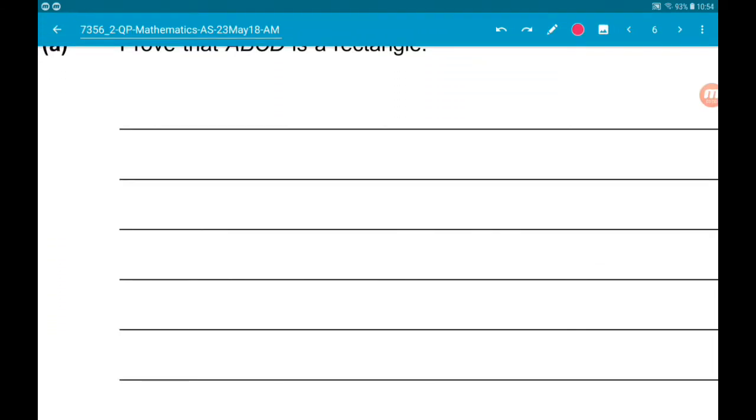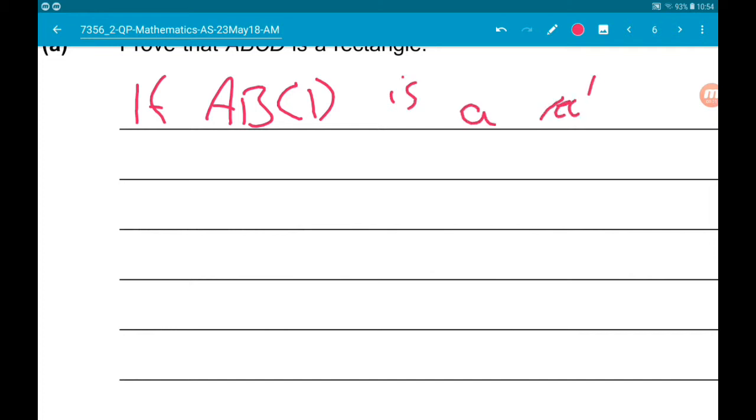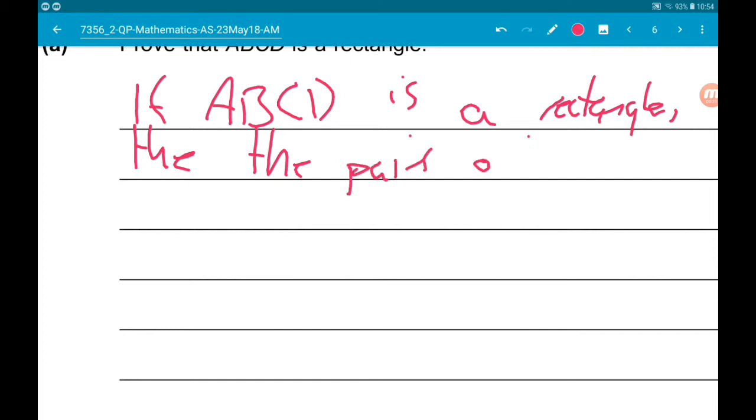Okay, so if ABCD is a rectangle, then the pairs of sides are perpendicular.